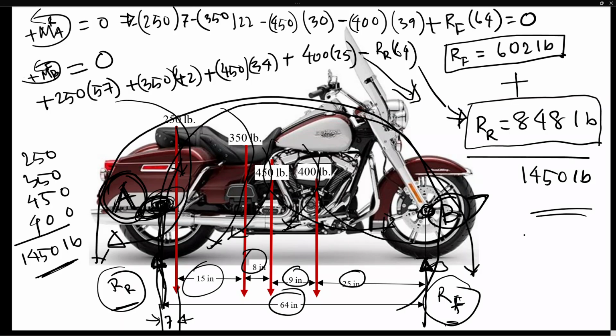So to summarize, to calculate the reaction force after you draw the free body diagram in any situation, the first thing, you take moments at one of the reaction forces to cancel that particular reaction force, and then you get the reaction for the other one. And you take moment at the next reaction point, that will give you the other one.